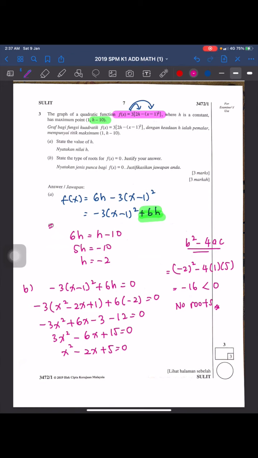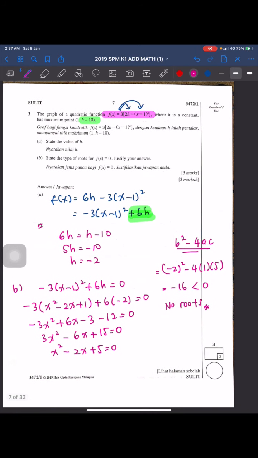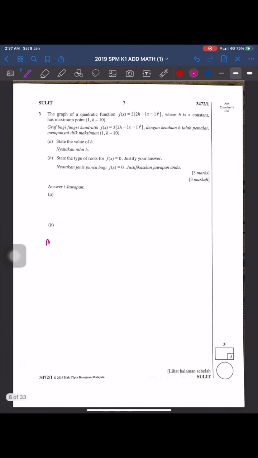Okay, boleh? So, in my opinion, untuk B ni, kita ada satu lagi cara nak jawab dia, iaitu dengan kaedah sketching. Kita cuba buat, macam mana kita nak sketch. From the question, kita dah dapatkan maximum point, which is (1, negative 2).